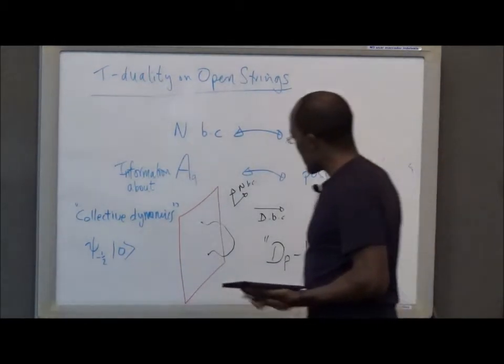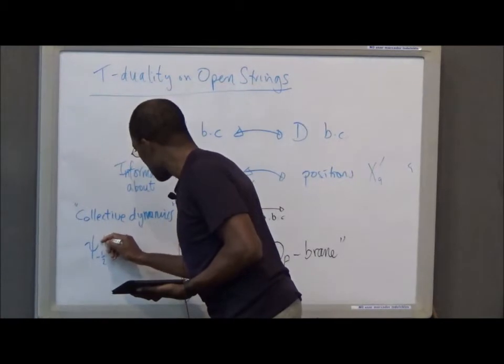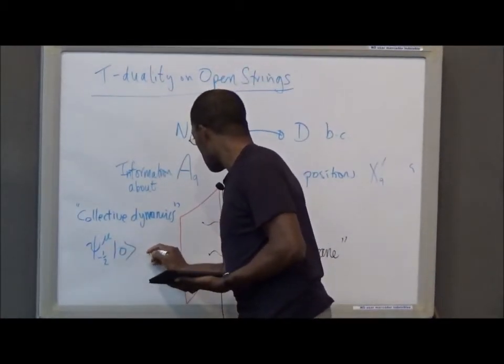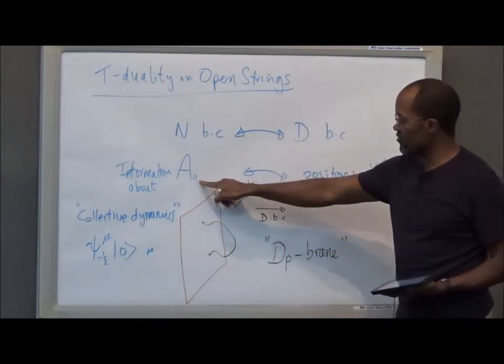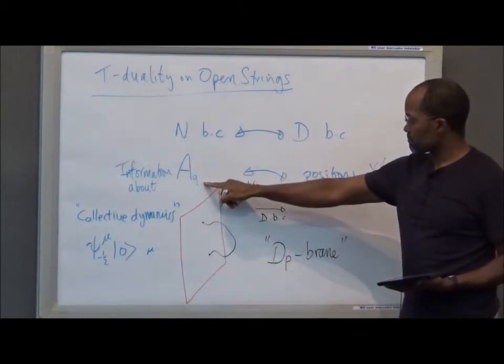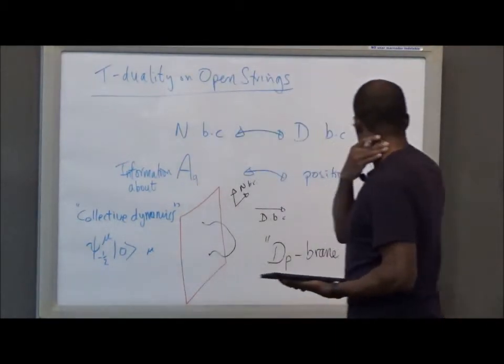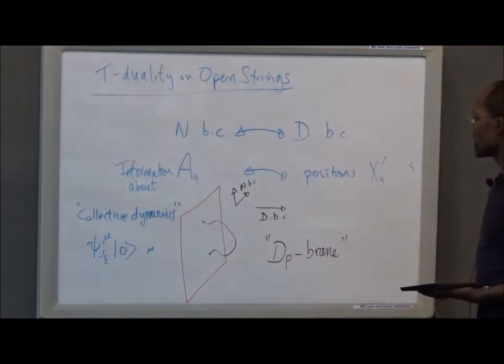Right. So, if I have mu, still working with the example where I have just the 9 direction that I T-dualize, so I have a D8-brane.